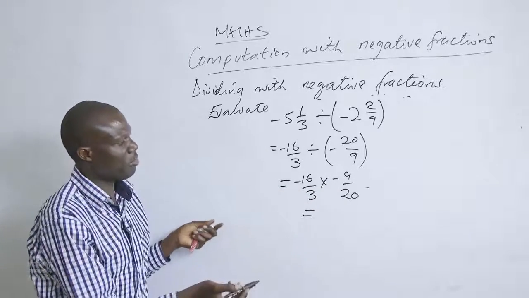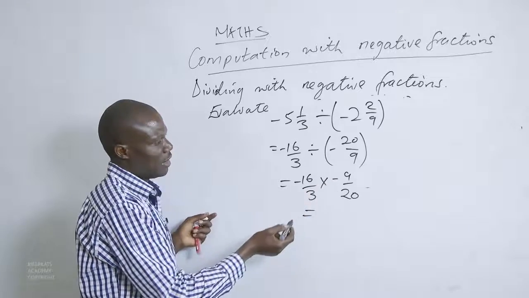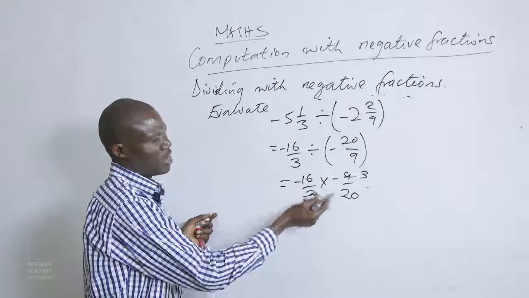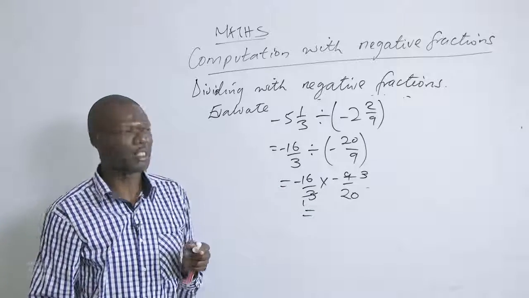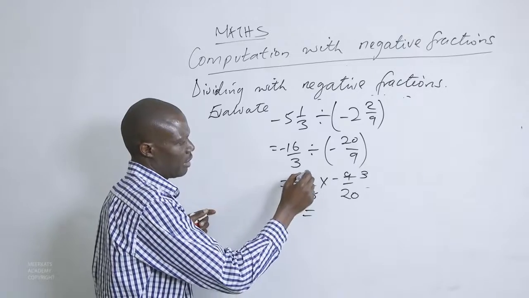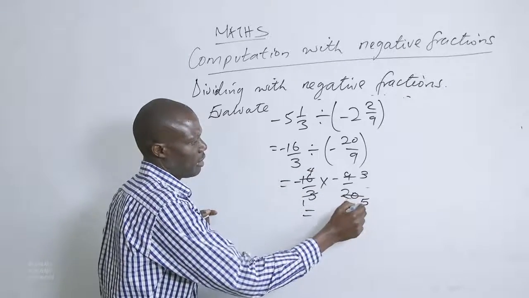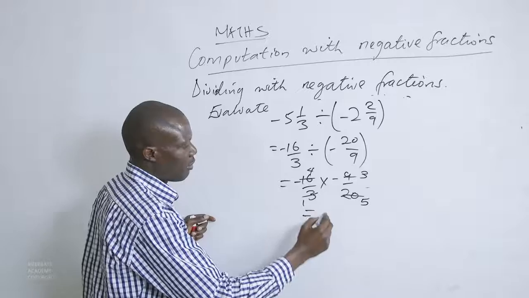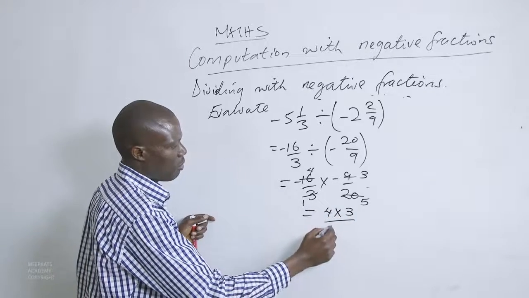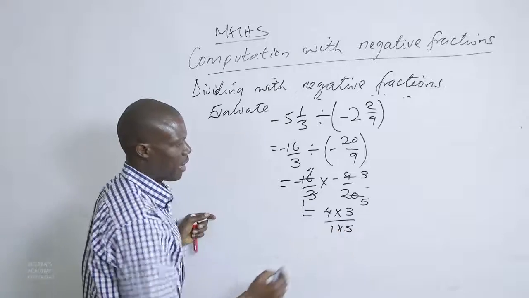So simplify where possible. 9 and 3, 3 is common, so 9 divided by 3 is 3 and 3 divided by 3 is 1. Between 16 and 20, the highest common divisor is 4. So 16 divided by 4 is 4, and 20 divided by 4 is 5. So you remain with 4 multiplied by 3 over 1 multiplied by 5.